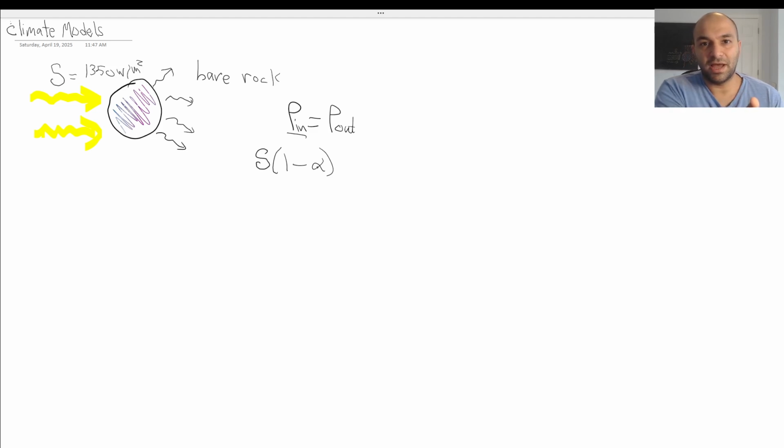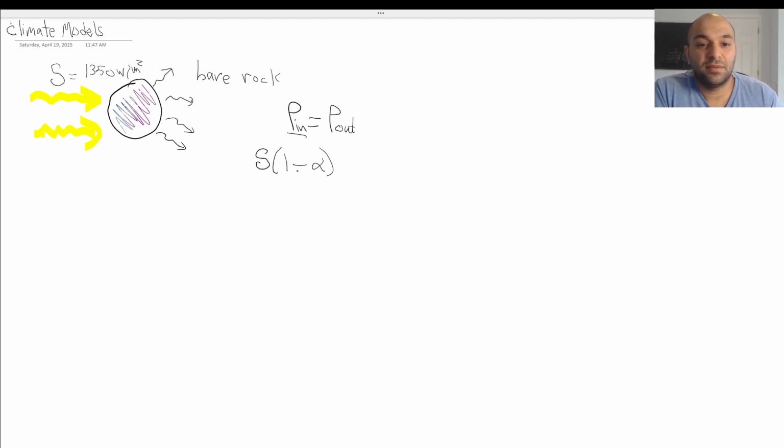If you can imagine, if that light is hitting a mirror, which is a perfect reflector, it just bounces back and you don't absorb anything, and you stay cool. So a perfect mirror would basically just not warm up. But if you absorb energy, that fraction of energy that you're absorbing is this 1 minus alpha.